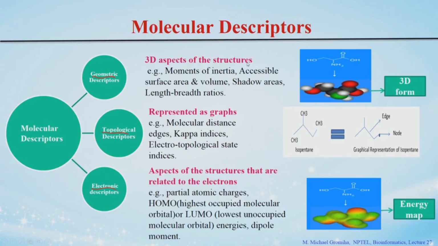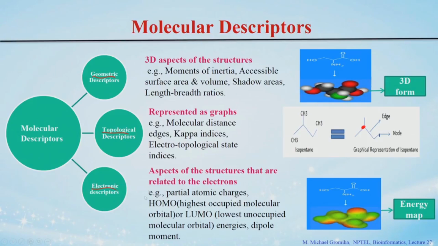By rolling a water molecule, you can see how accessible each atom is, and you can get this information. Then you can also get graphs, with nodes and edges. For example, this is isopentane, with CH3 and CH2, which can be represented graphically. You can see here this is a node and there are some edges.